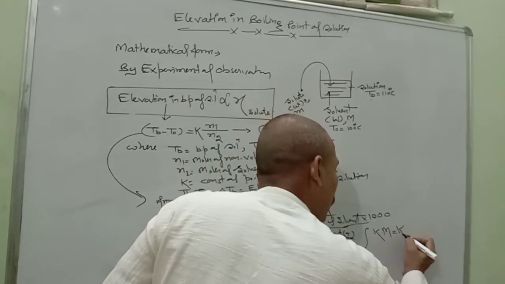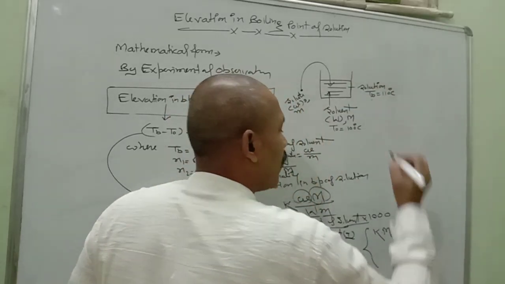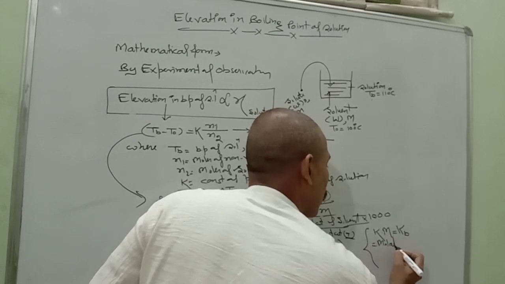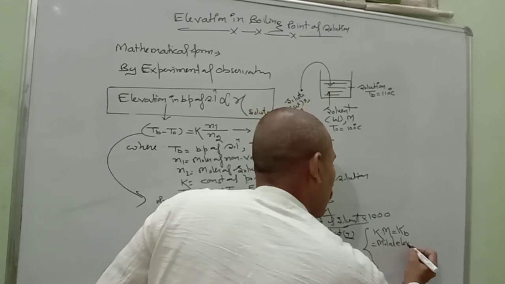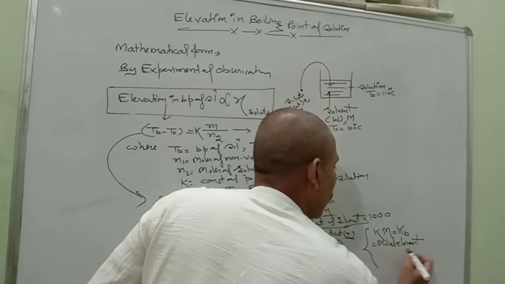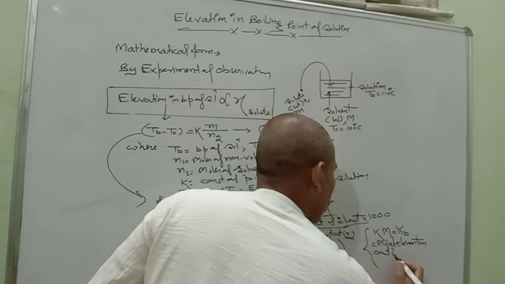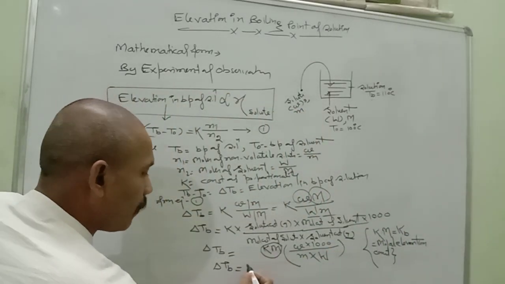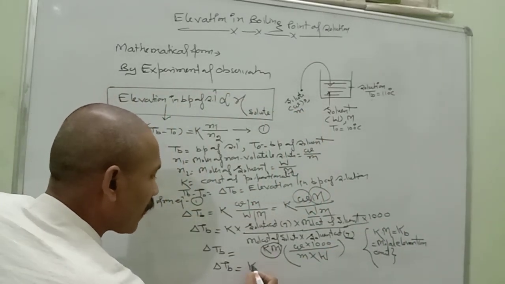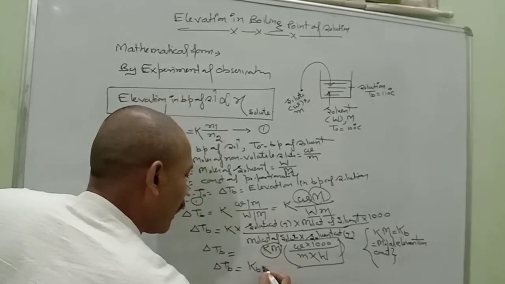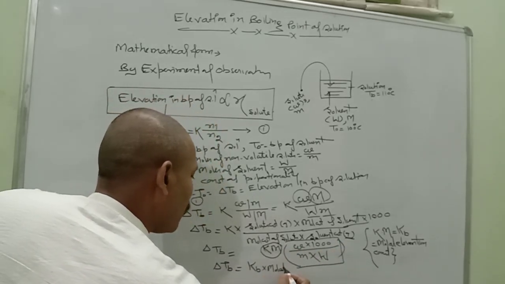This is called capital K with suffix B, and it is called the molar elevation constant. So in place of K into M, you can put Kb, and the remaining part becomes molality.